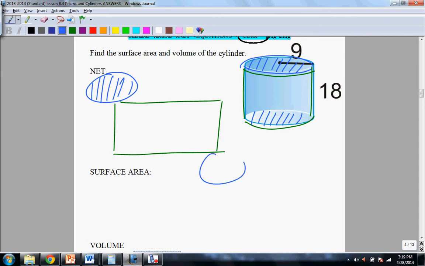And then I have another circle. So to find the surface area, it's the area of everything. So here, I know the area of that is pi r squared. And I know the area of this is a rectangle, so it's length times width.